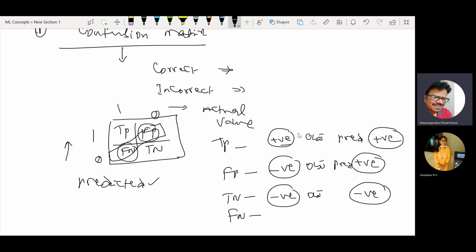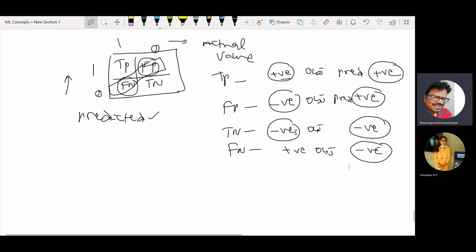And false negative is the number of positive observations the model incorrectly predicted as negative. So how many times plus is properly identified as plus, and how many times minus is properly identified.